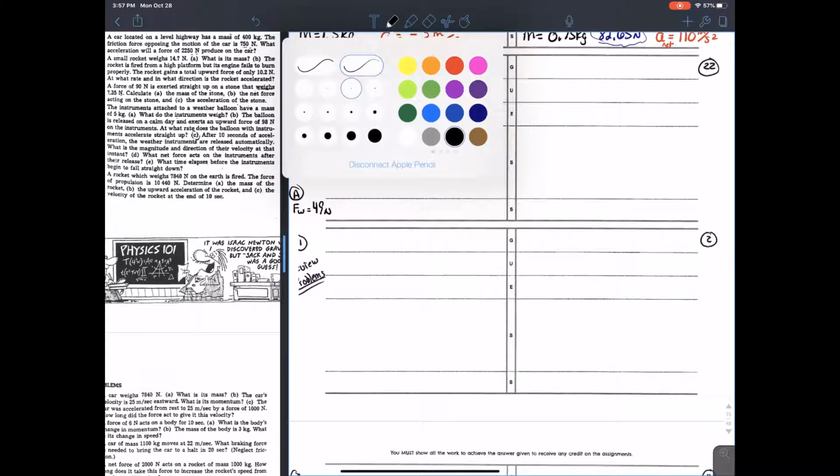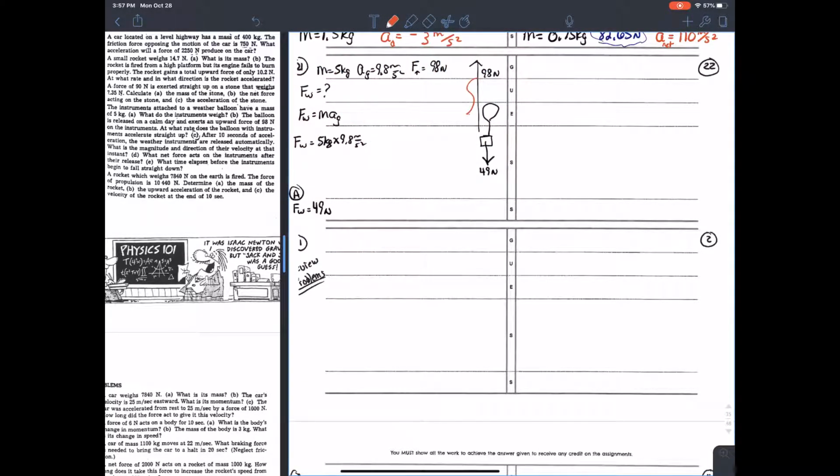At what rate do the balloon instruments accelerate upwards? So that is going to require us to get the net force acting on this. So part B, our acceleration upwards, we're trying to figure out what that is. So acceleration upwards, or the net acceleration, if you want to think of it that way, is going to be the net force divided by the mass of your object.